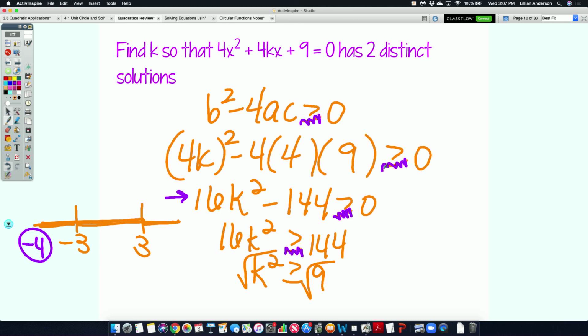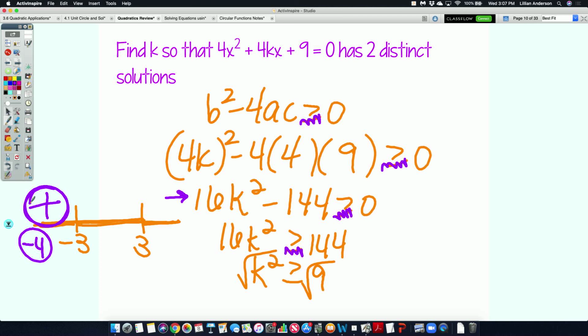Is this going to be a positive number, greater than 0? What's negative 4 squared? Yes, it's positive, because it's going to basically be 16 times 16, which is 256. 256 is bigger than 144, so it's going to be positive. So that's what you want. You want all the values that are less than -3.